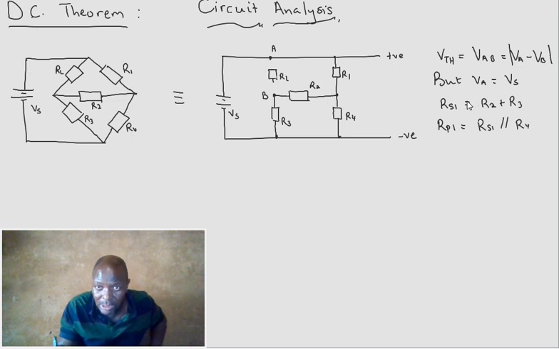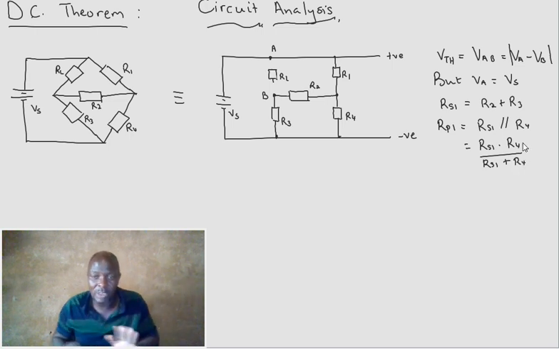It's easy to get R series 1, we just add these two values. Then we can do RS1 times R4 over RS1 plus R4. We've been doing this, so this should not be a problem.